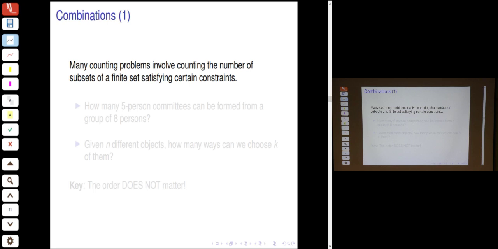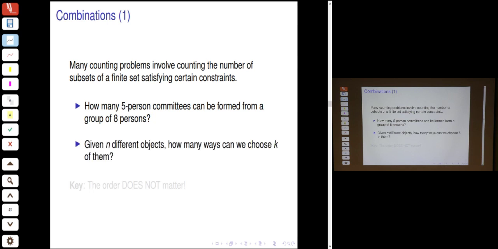So for example, let's try this. How many 5-person committees can be formed from a group of 8 persons? Given n different objects, how many ways can we choose k of them?